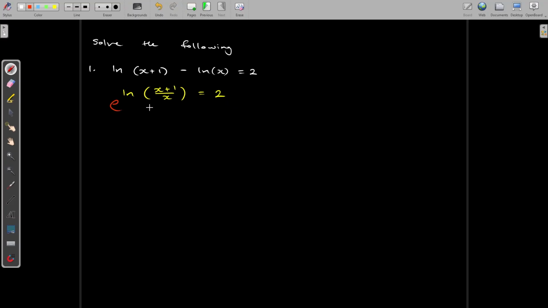So now we take e as the base on both sides, so we can cancel out the ln on this side. That's going to just leave us with (x plus 1) over x is equal to e squared, and we're supposed to be able to finish this up. Okay, thank you, sir.